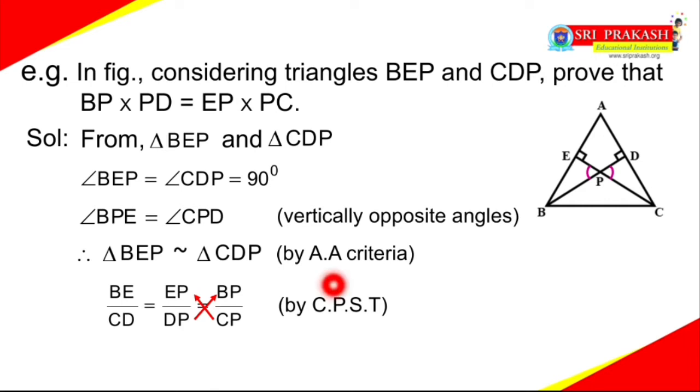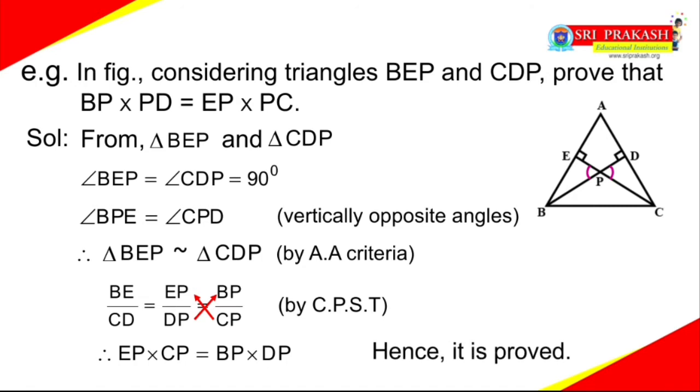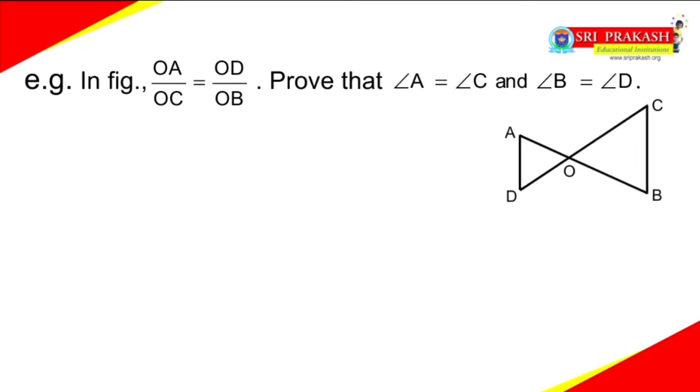Children, now let us simplify by doing cross multiplication between the last two fractions. Then we get EP into CP is equal to BP into DP. Hence, it is proved.